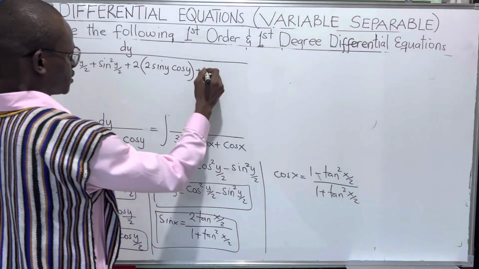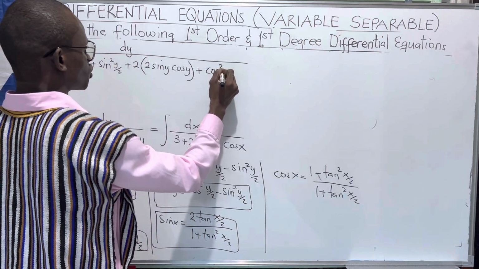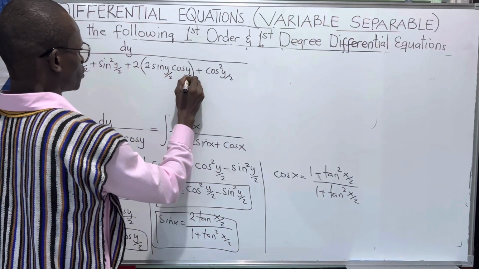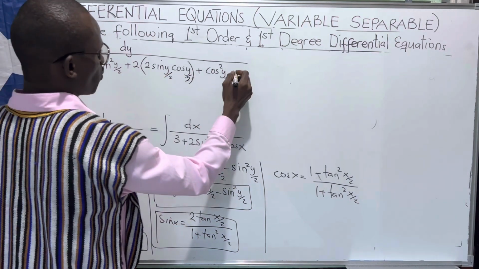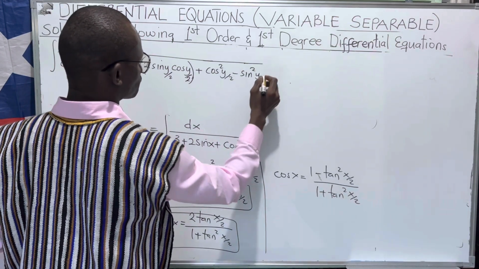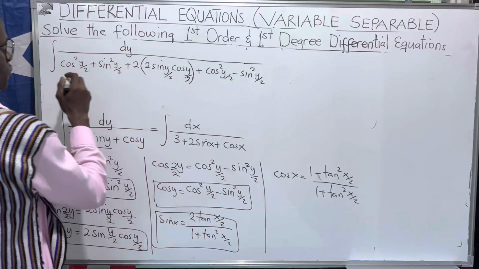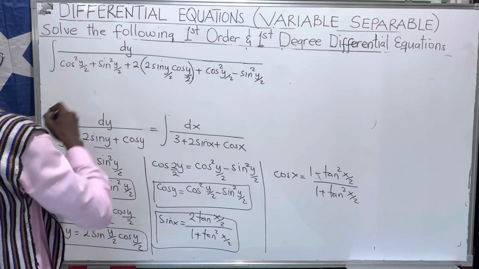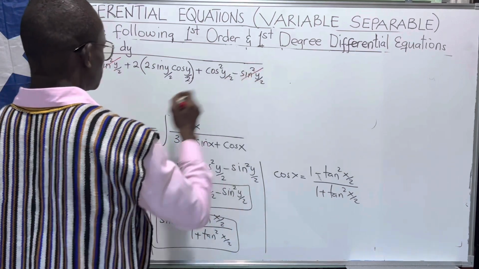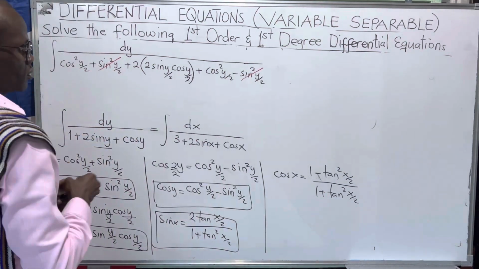So cos of y is just equal to cos square y over 2, okay, so all of these over 2, minus sine square y over 2. So you see that this sine square y and this will go out.